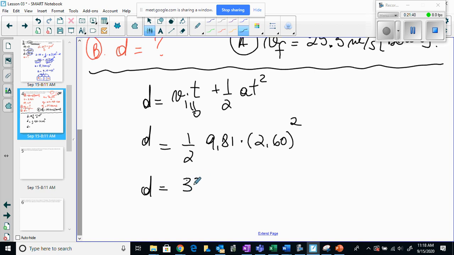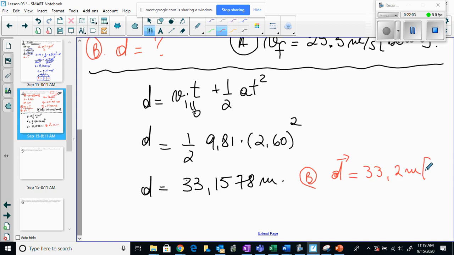What the calculator gives you is 33.1578 meters. However, we have to record it in 3 sig digs, so the correct answer, the way you will record it, should be displacement equal to 33.2 meters going down.